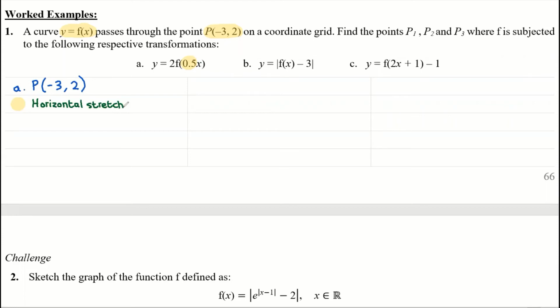It's the scale factor is 1 over that value. So the scale factor is 1 over 0.5, which is of course 2. So what that means is this only affects the x coordinates first of all. So this is an x transformation.